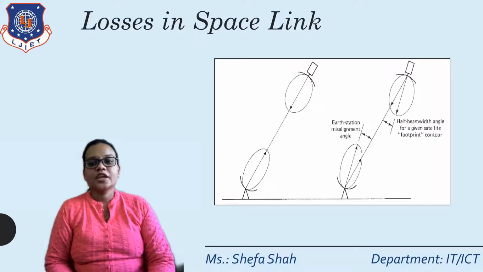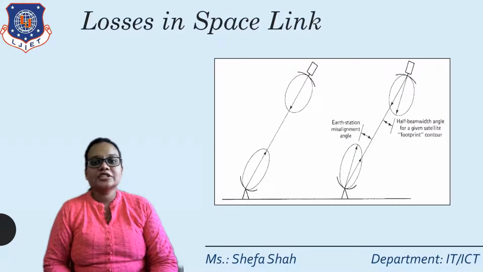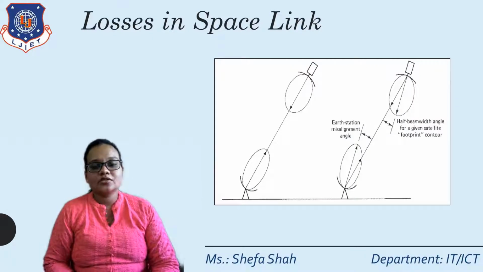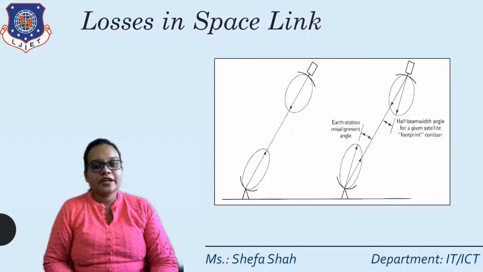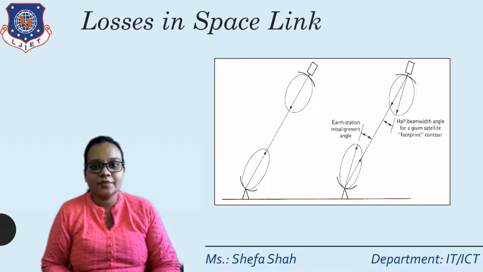Now here you can see the figure in which AML, that is antenna misalignment loss, is defined. In the first figure, the transmitting antenna as well as the receiving antenna are both pointing, and both the axes of these antennas match with each other. So there is no misalignment loss in this figure.